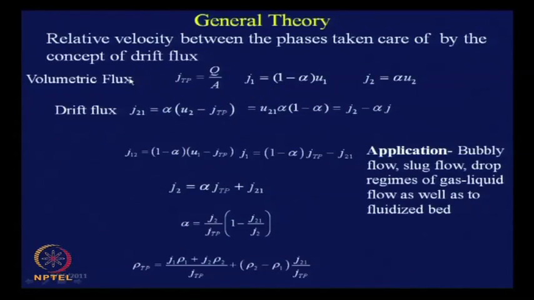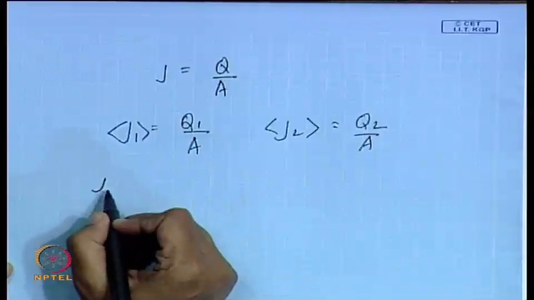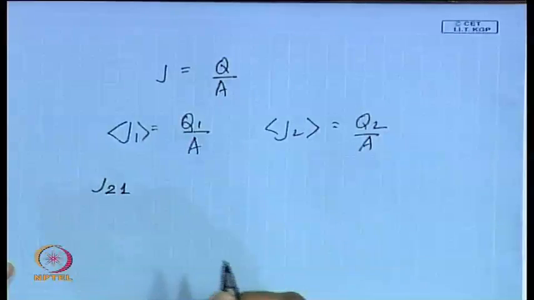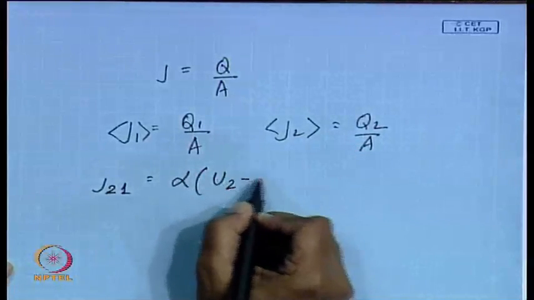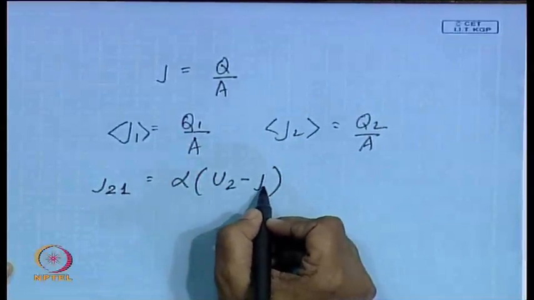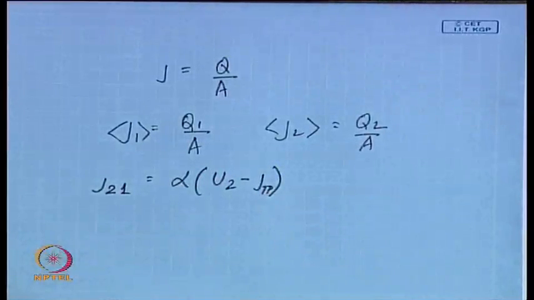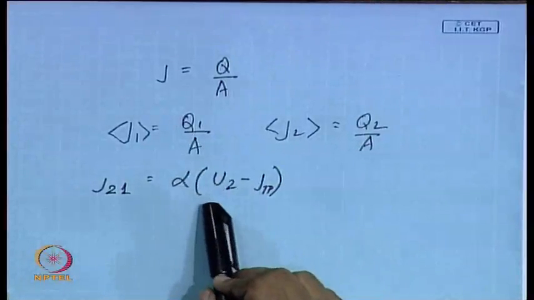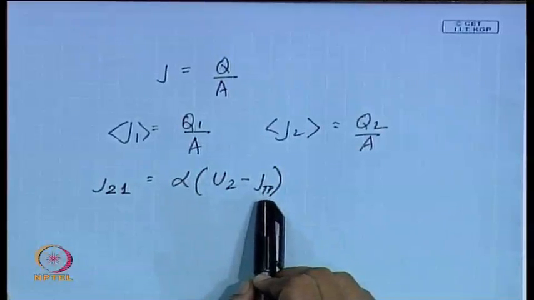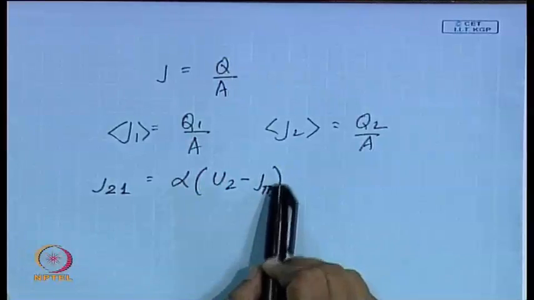Okay. And after volumetric flux, the next thing which we defined was the drift velocity and the drift flux. So, how did we define the drift flux? We had defined the drift flux of component 2 with respect to component 1 as alpha u2 minus j, or the J2 phase, if we consider the two phase mixture in this particular case, where we defined it as the velocity of one fluid with respect to an observer moving at the average velocity.